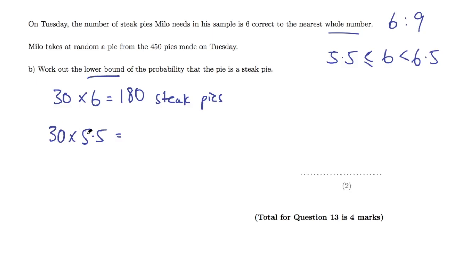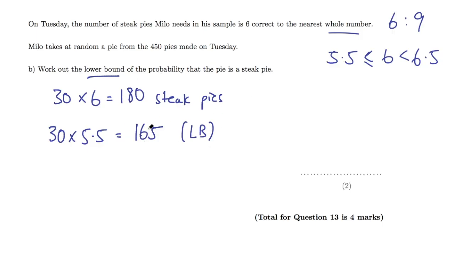So 30 times 5 is 150, and half of 30 is 15. So 150 plus 15, that will be 165. And that's the lower bound. So we know the lower bound of the number of steak pies made on Tuesday.